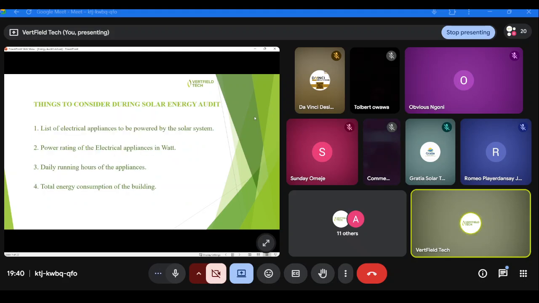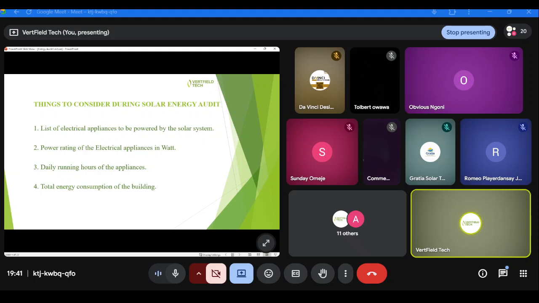So, things to consider during solar energy audit. There are various things you need to take into consideration if you are to carry out a solar energy audit on any facility. One, a list of electrical appliances to be powered by the solar system.